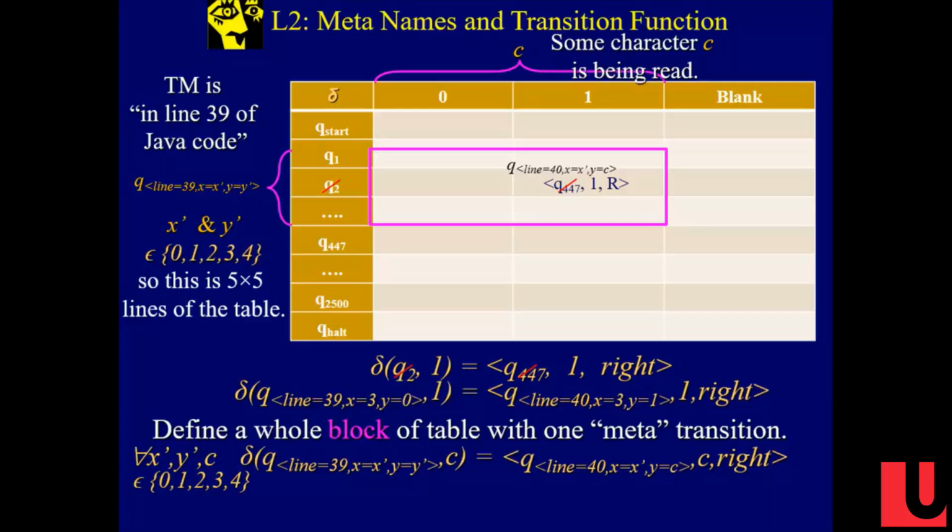I didn't understand your question, but let me give an answer and see if they line up. This isn't the name of a state. It's a meta thing, and we're going to plug in various things. If you plug in 3, 0, that would be one state. If you plug in 3, 4, that would be a different state.